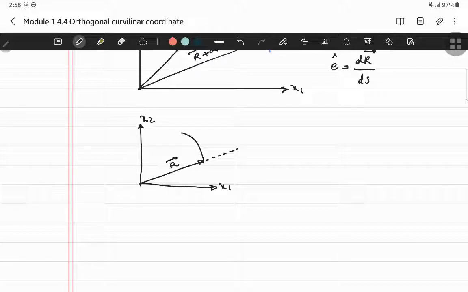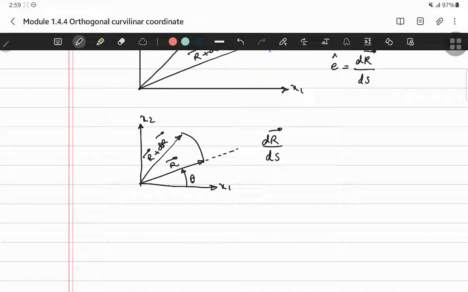It only varies with r. So ds is the same as dr. But here, if you change, for example, from r to r plus dr in the theta direction, you see that r is changing not only with r but also with theta.